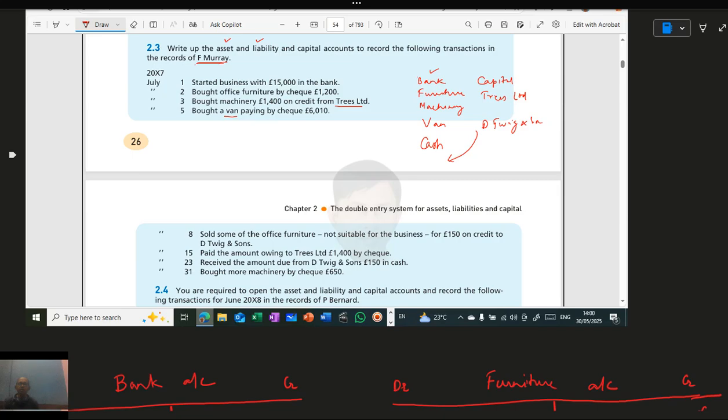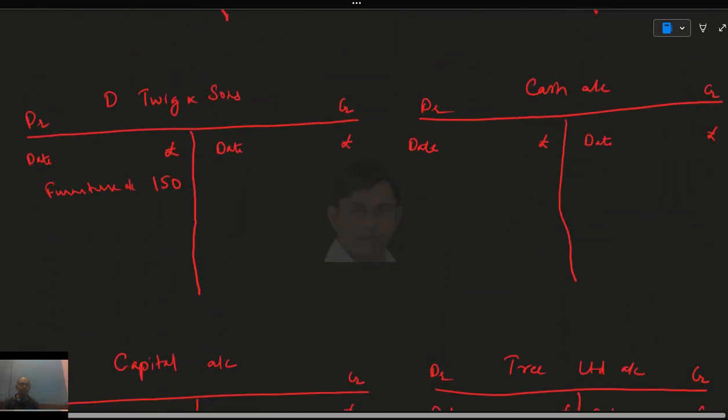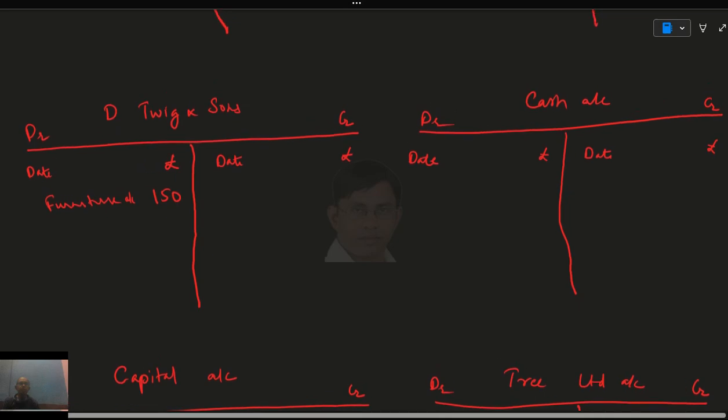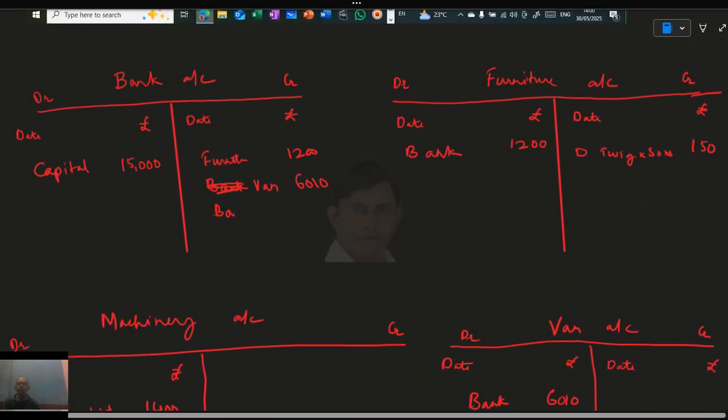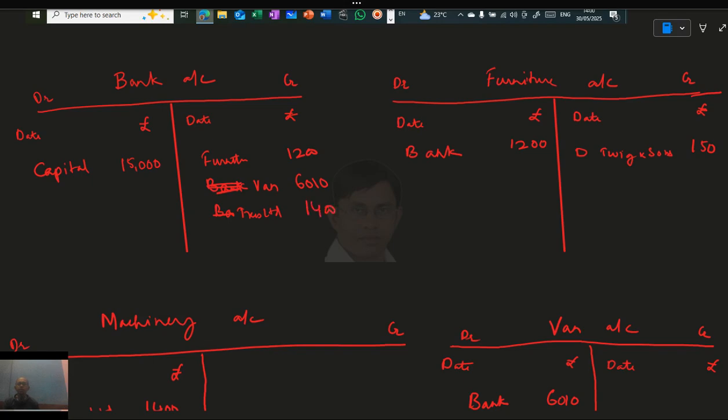So by check, whom are we paying? We are paying Trees Limited. So here we have to write Trees Limited. How much? 1400. We have to write it. So remember, in the bank account, bank will never come. If you write it, it is wrong.